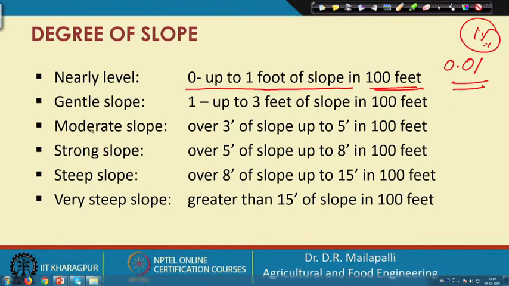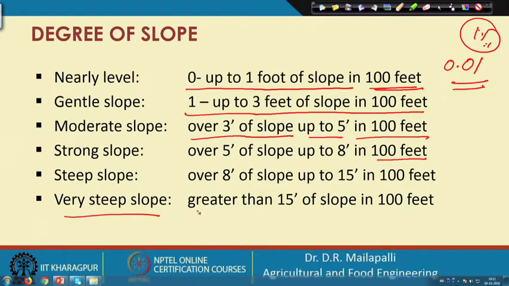Similarly, gentle slope is 1 to 3 feet of slope in 100 feet. Moderate slope is over 3 feet of slope up to 5 feet in 100 feet. Strong slope is over 5 to 8 feet in 100 feet.